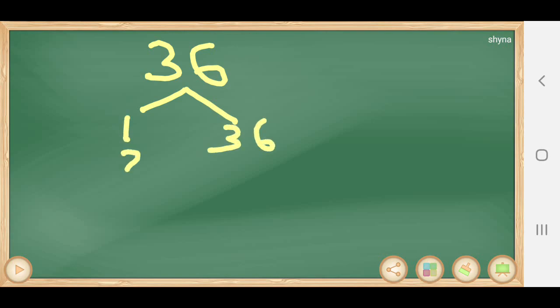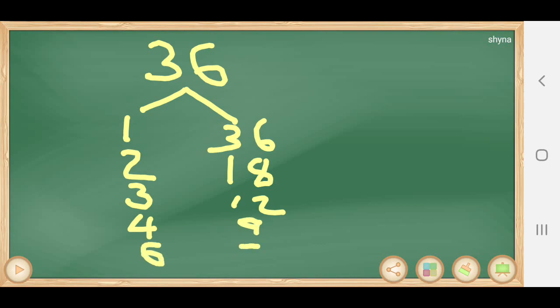Then you write 36. This way you can write 36. 1 into 36, 2 into 18, 3 into 12, 4 into 9, 6 into 6.